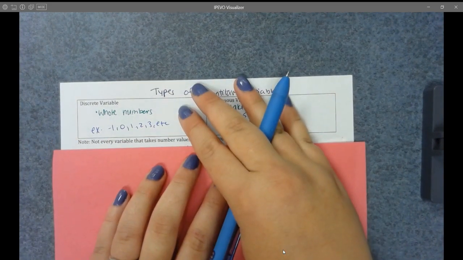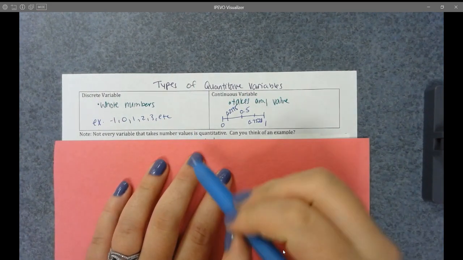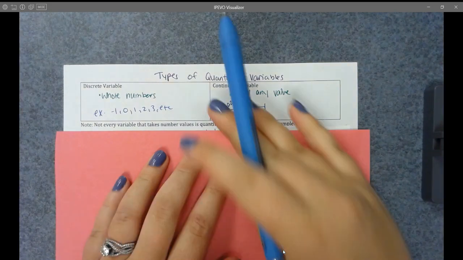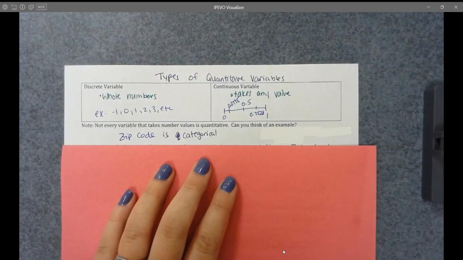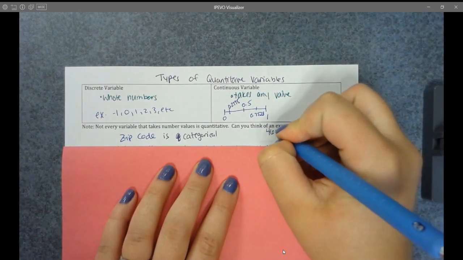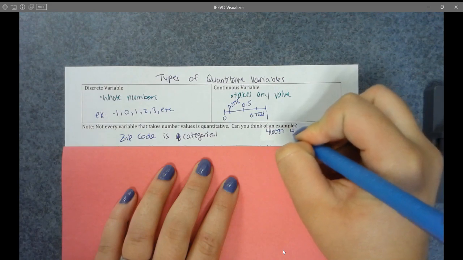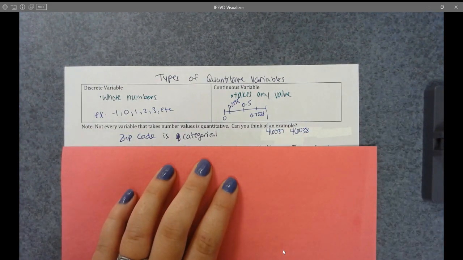Okay, let's talk more about quantitative variables and the number value. An example that I came up with was zip code. Your zip code is a number. In Fishers, we're probably looking at 46037 or 46038. Does it make sense to find the average of those two numbers?